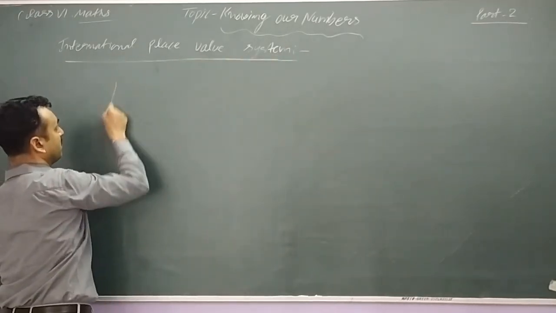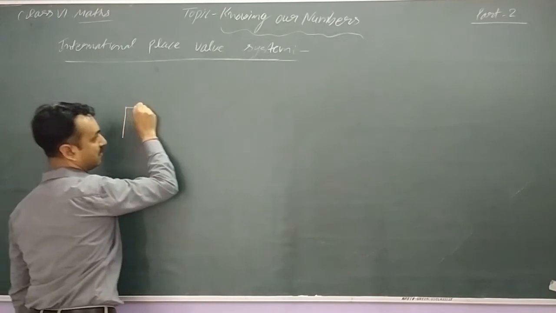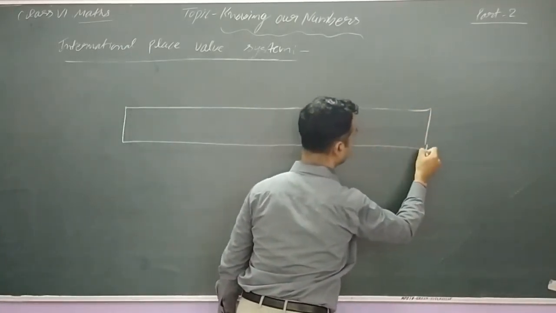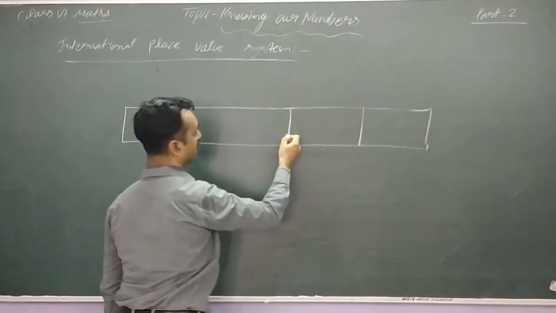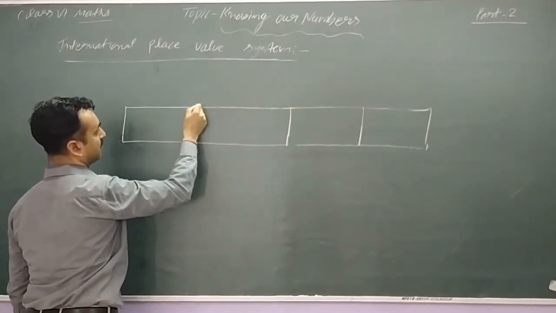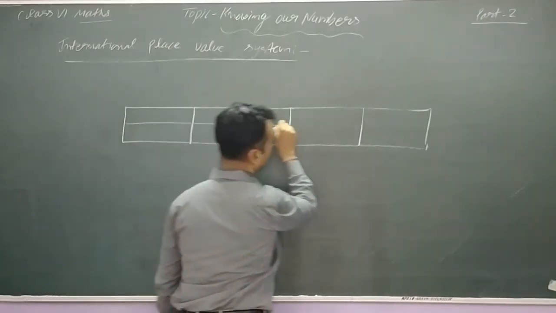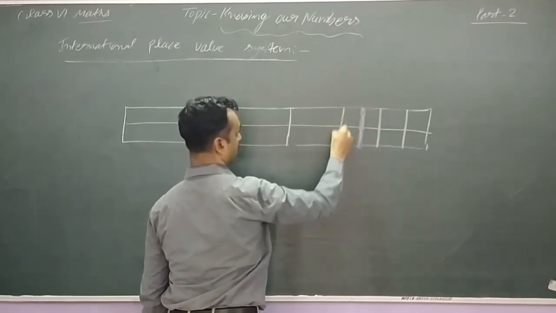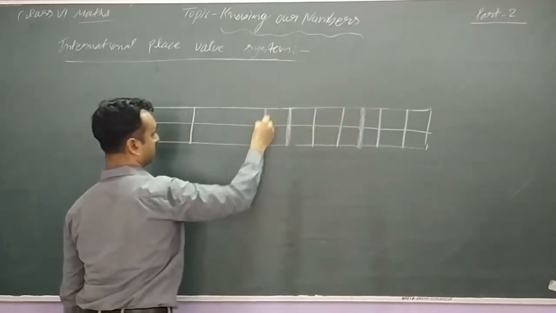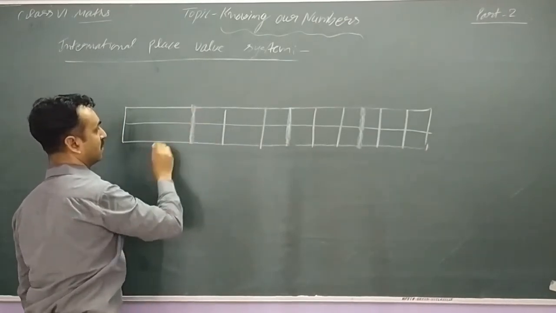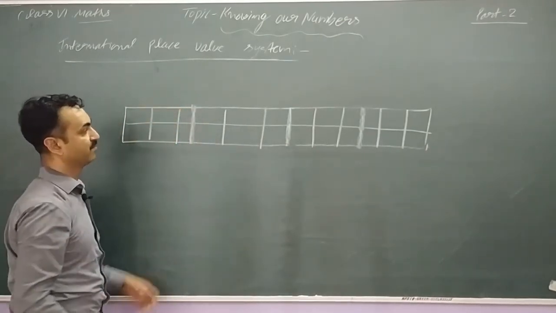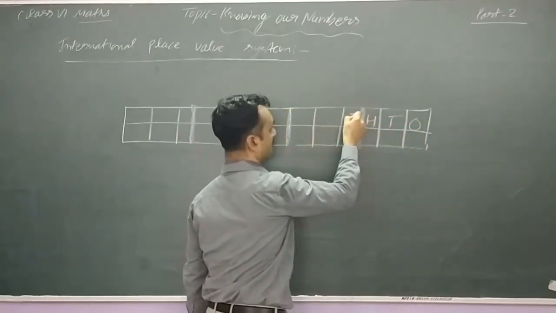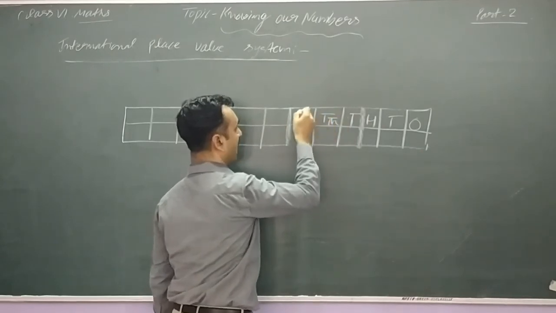So again we will make a table here. First of all, this is ones, tens, hundred, thousand, 10,000 and 100,000.